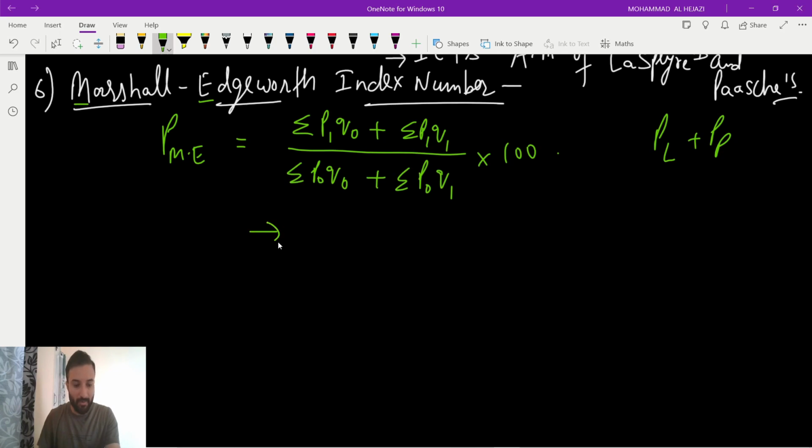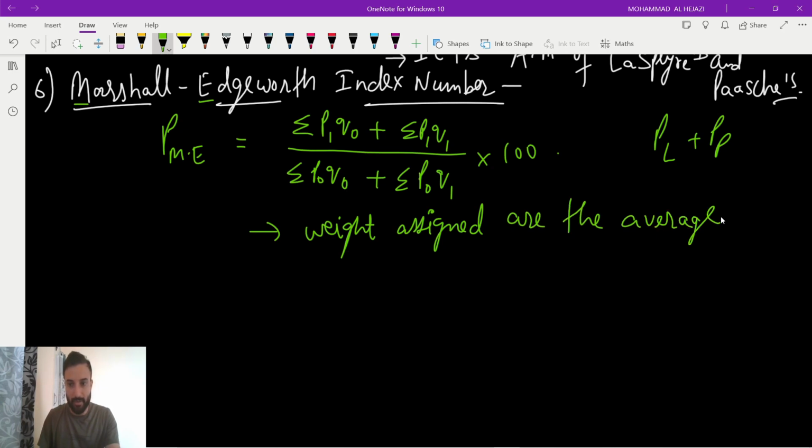Here we will write that the weights assigned are the average of base year and current year quantities.